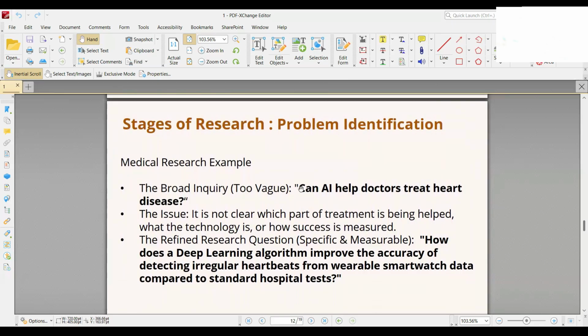In the problem identification stage, let's think about a medical research example. The broad inquiry: can AI help doctors treat heart disease? This is the issue, but it's not clear which part of the treatment, what the technologies are, or how success is measured.